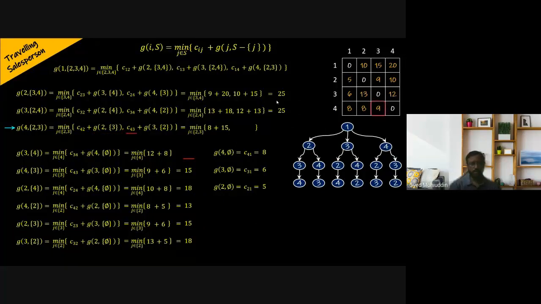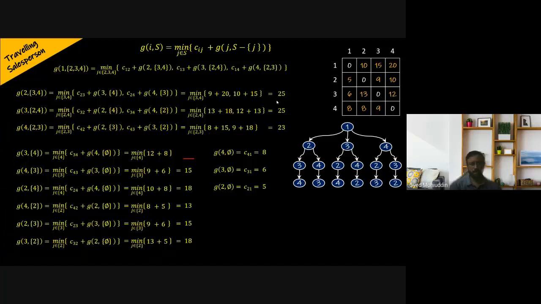And then from moving from vertex 4 to vertex 3, we have cost of 4 to 3, that is 9 plus G of 3, 2, which is in this case 18. So we have 9 plus 18. In this case 8 plus 15 is 23 and 9 plus 18 is 27. So the minimum cost is 23, which we got from moving from vertex 4 to vertex 2.